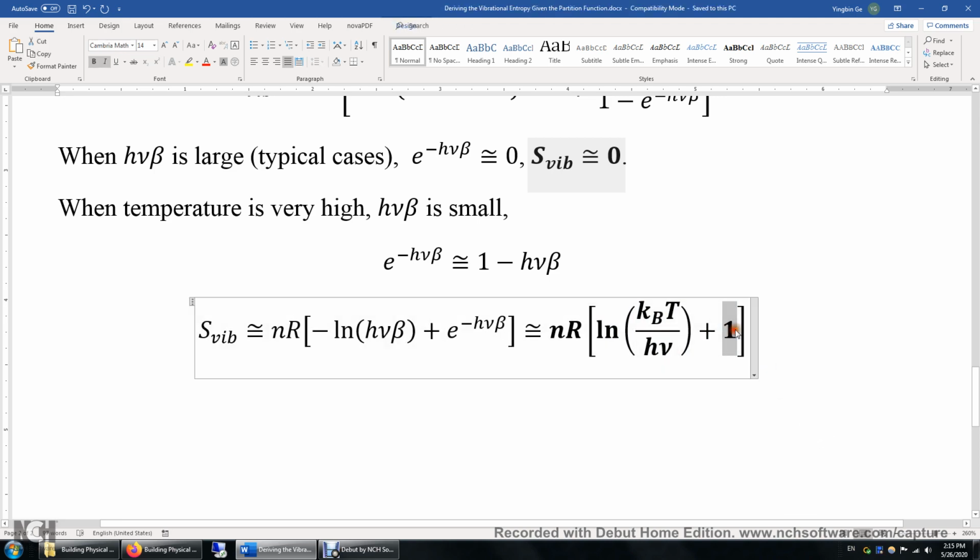And this comes from the first derivative of ln q with respect to ln T at high temperature. So again, at very high temperature, the vibrational partition function is just kBT over h nu. So you're looking at ln q here for high temperature cases. All right, and how does this ln q depend on ln T? Well, the dependence is just 1.